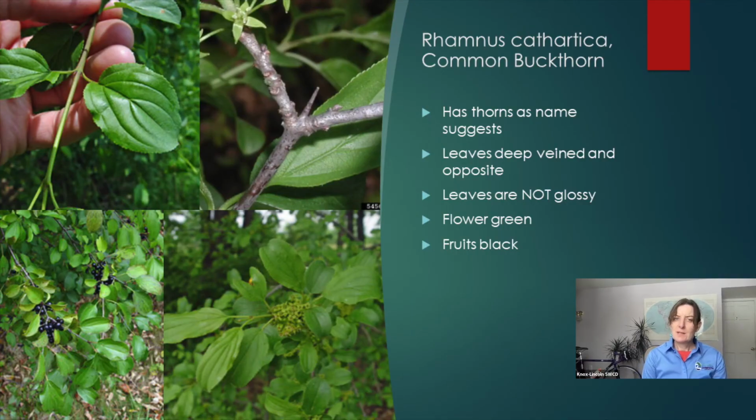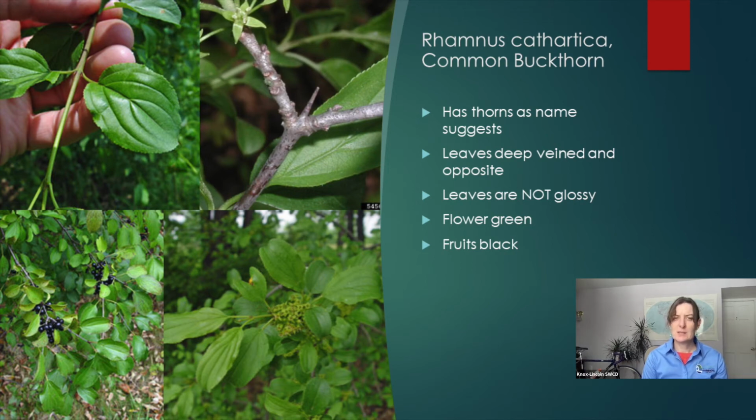If you don't have glossy buckthorn, you might have common buckthorn. It's also known as Rhamnus cathartica. The botanists have determined that they're not, in fact, as closely related as we once thought. It does have the thorns, as the name suggests. It is opposite arrangement of leaves and stems on the plant.